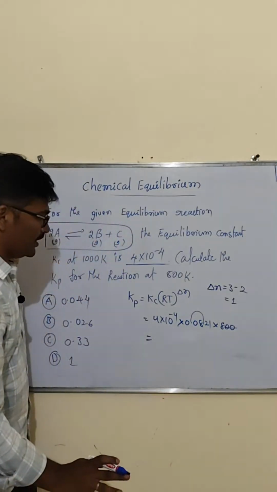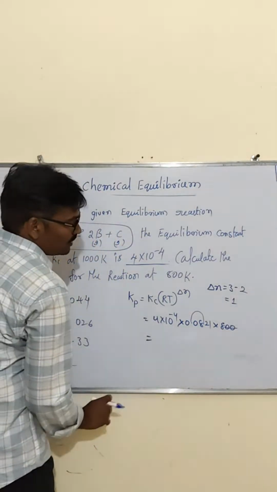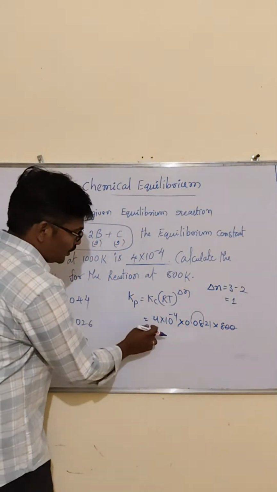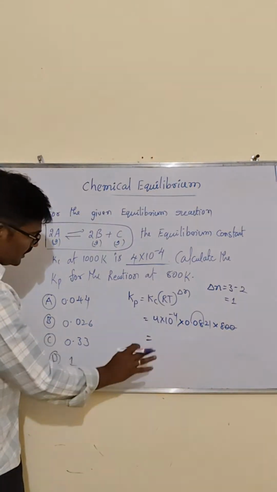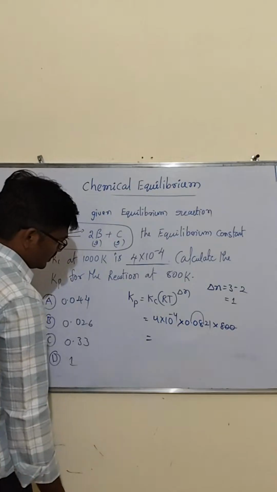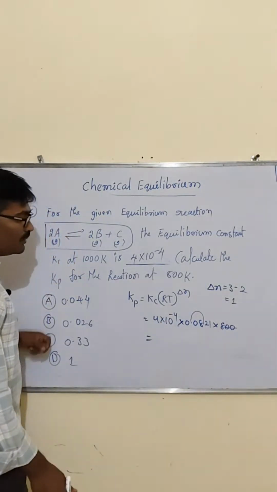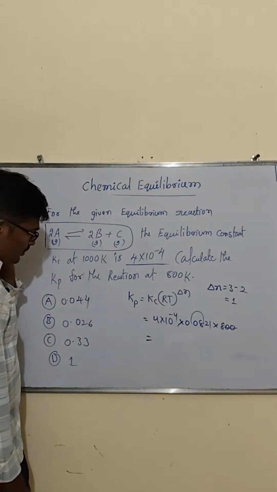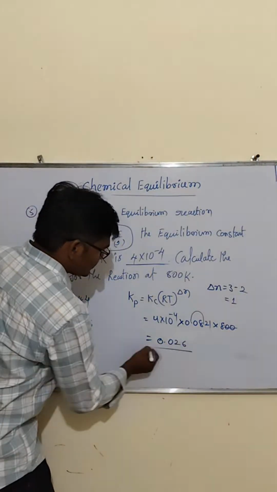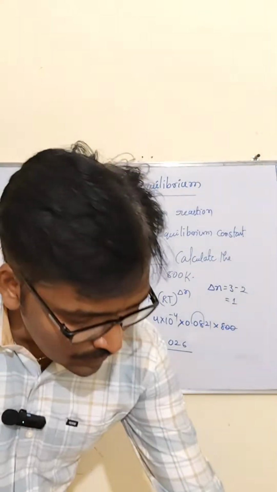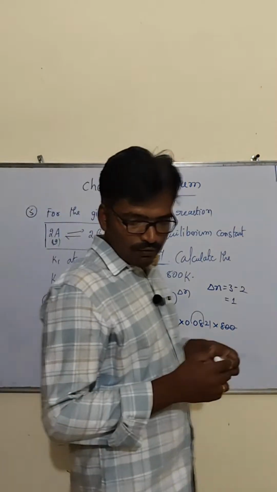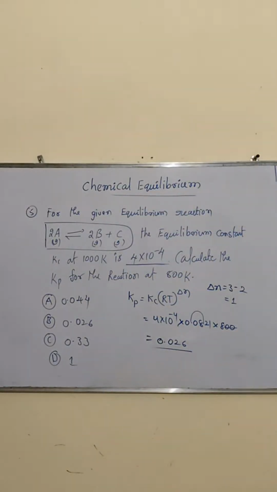When you multiply 8 into 8, 64 into 4, then we can get nearly 10 to the power of minus 4, then you can get nearly 0.026. The Kp value 0.026 you can get. So note the question carefully, then we can get the answer.